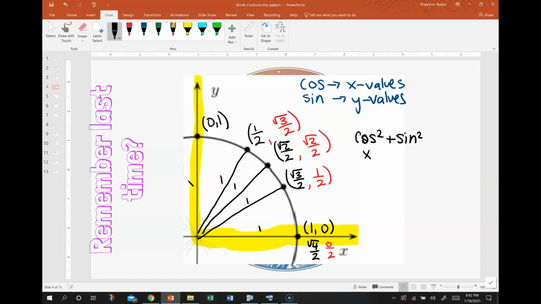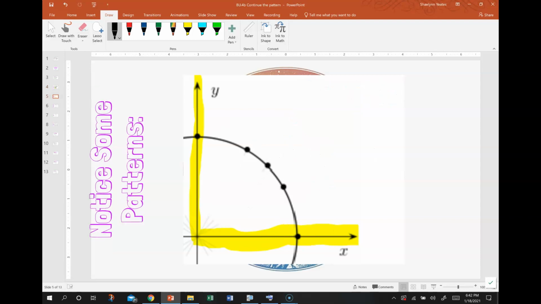Now remember, this is x squared plus y squared. So if we take our x value and square it, plus our y value and square it, it should give us 1 squared, because that's the hypotenuse of our triangle. Well, 1 squared is really just 1. So cosine squared plus sine squared will always be 1. Isn't that cool?